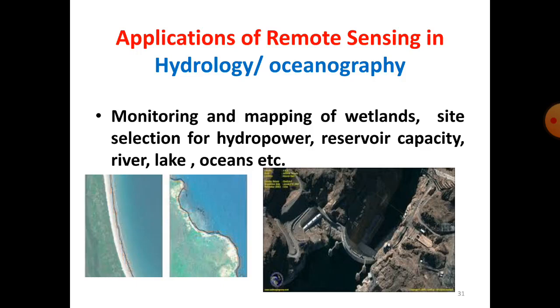How much water is present in a particular dam can easily be identified by using remote sensing technology, which we call reservoir capacity. Then it also gives details about other water bodies such as rivers, lakes, oceans, etc. So, here is a picture which depicts the water reservoir capacity of a particular dam.